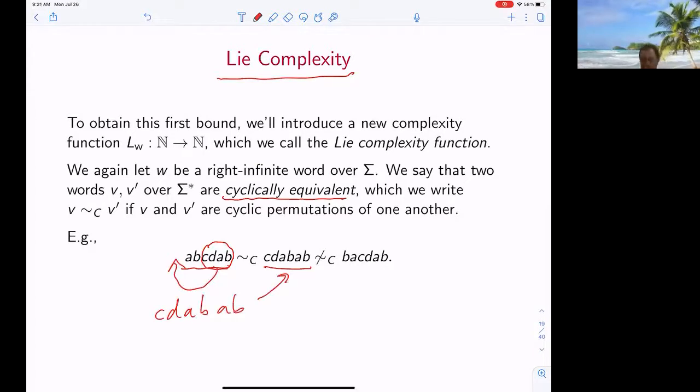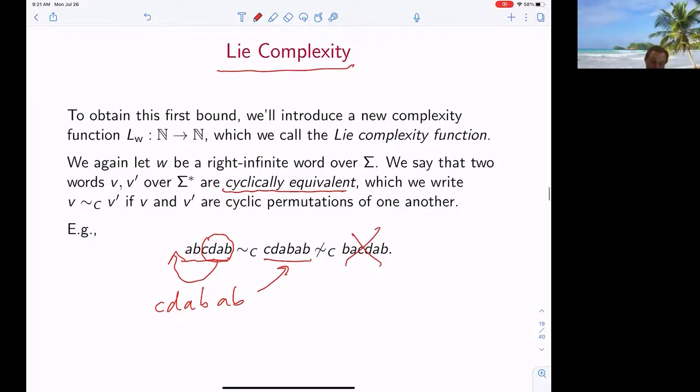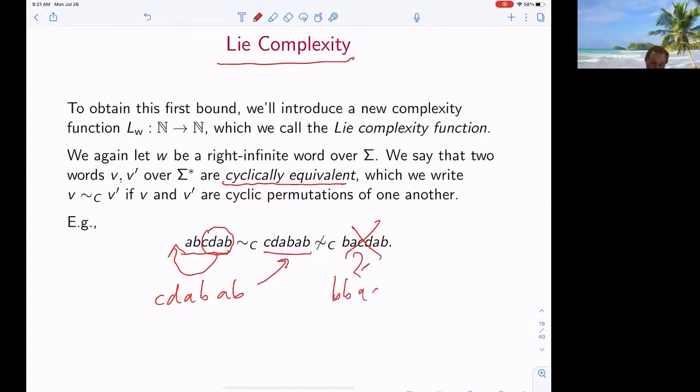So these are cyclically equivalent, but this one is not. There's no way it is, because it would have to be cyclically equivalent to this, and there's no way of getting two B's in a row from this word. There's always a space. So they're not cyclically equivalent.